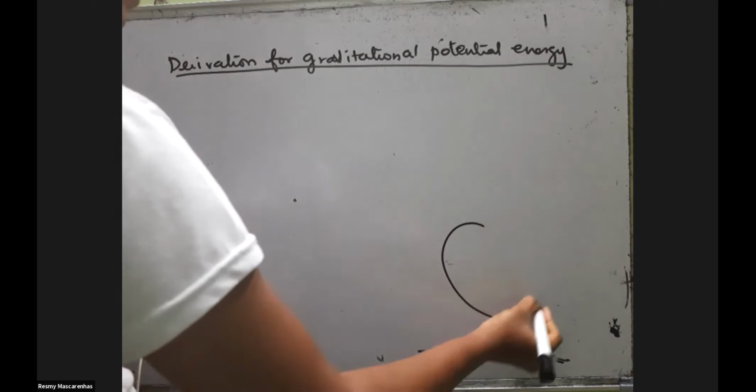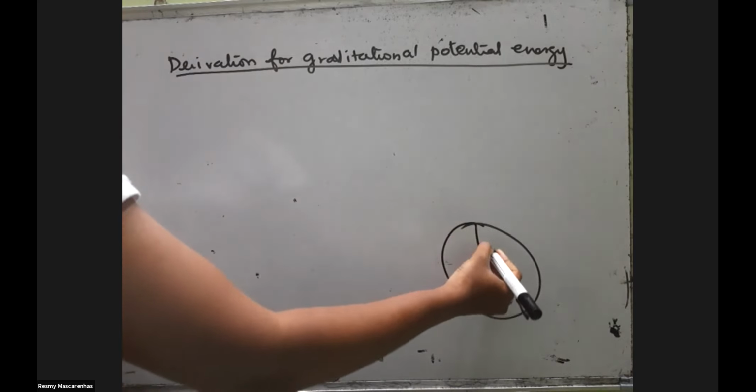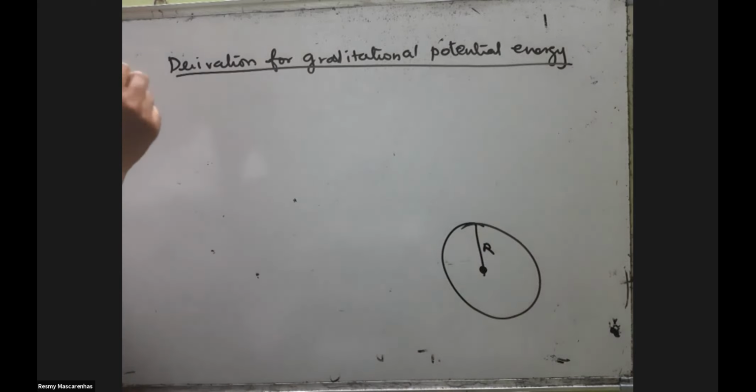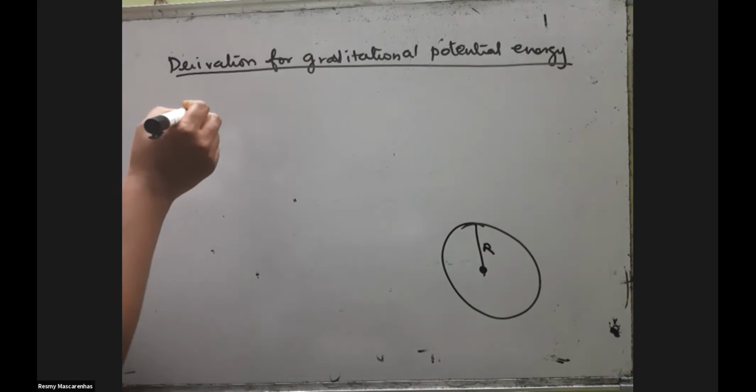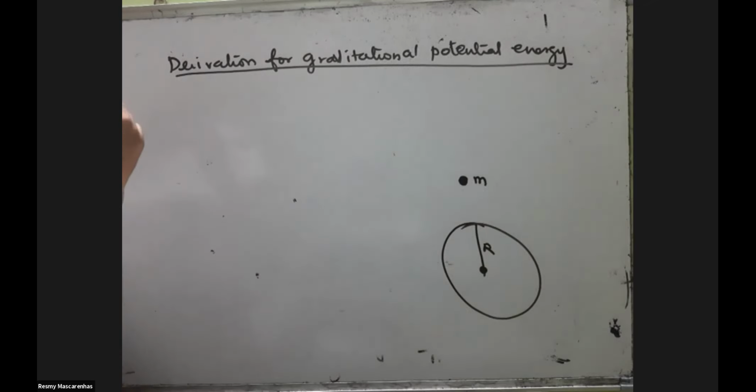Now suppose we have Earth or any planet, and the radius is r, and you have an object at this particular point of mass m.